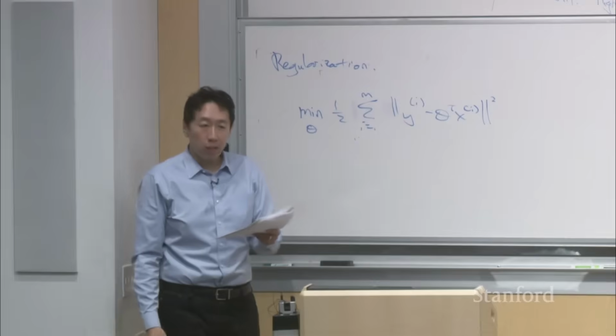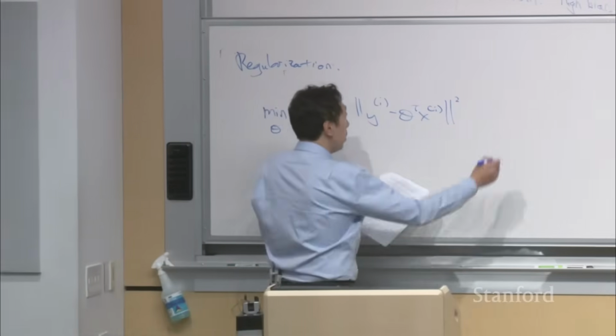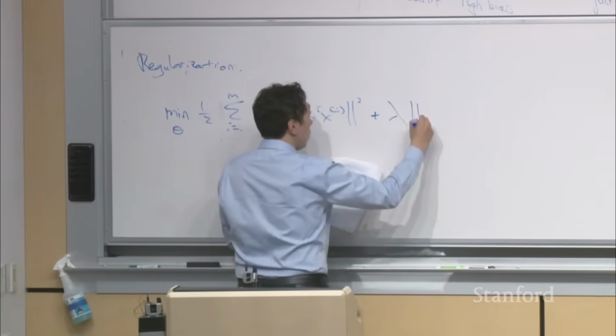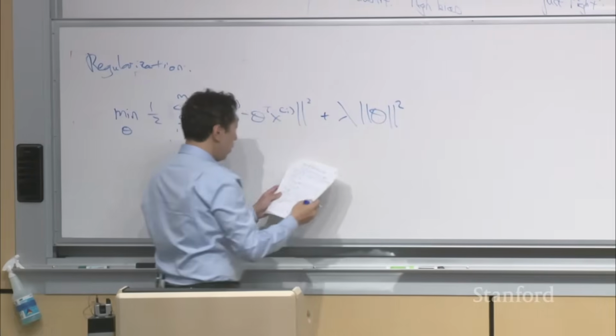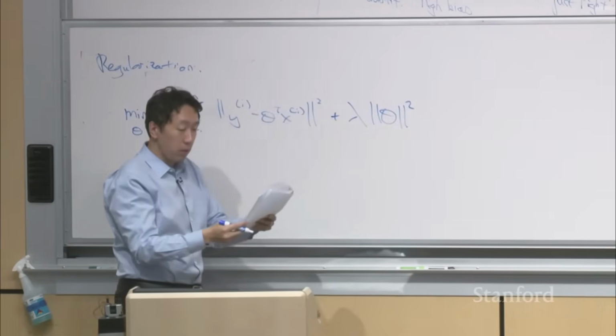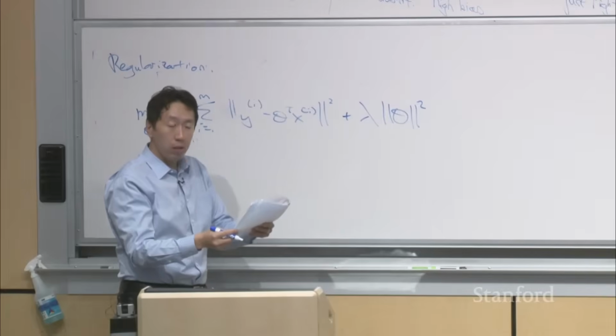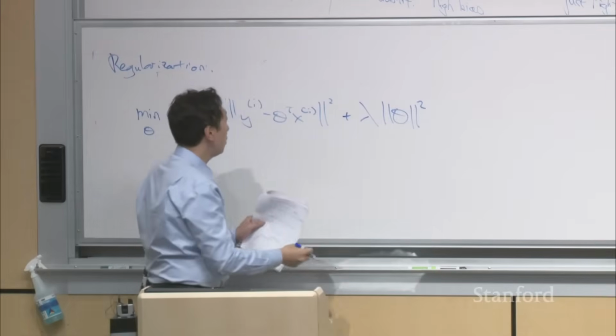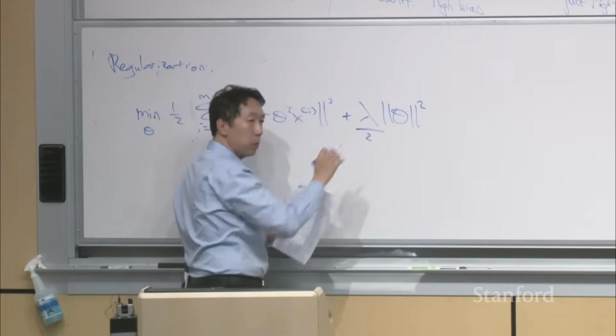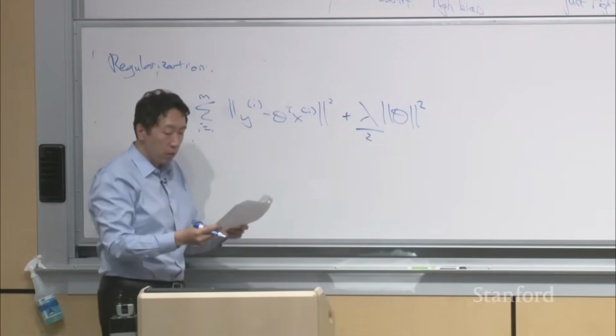If you want to add regularization, you just add one extra term here, lambda times norm of theta squared, right? Sometimes you write lambda over 2 to make some of the derivations come out easier.